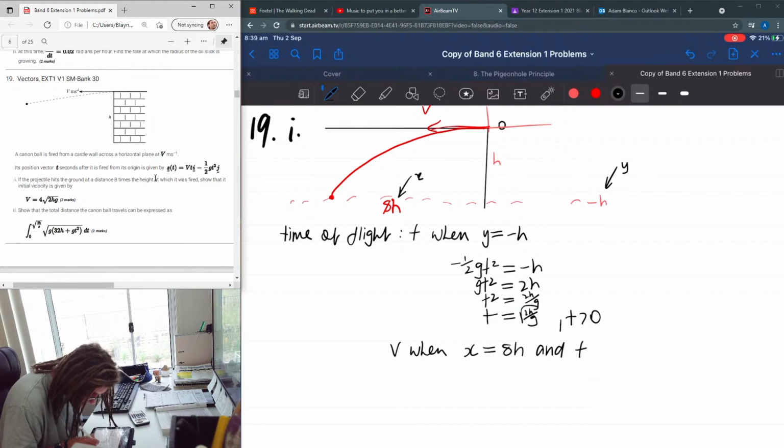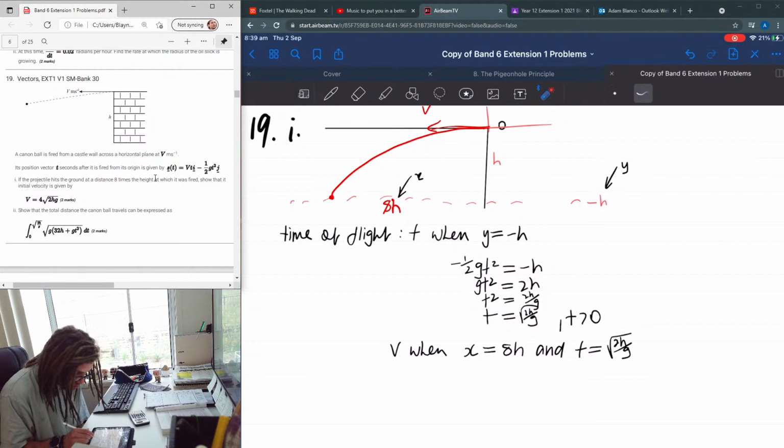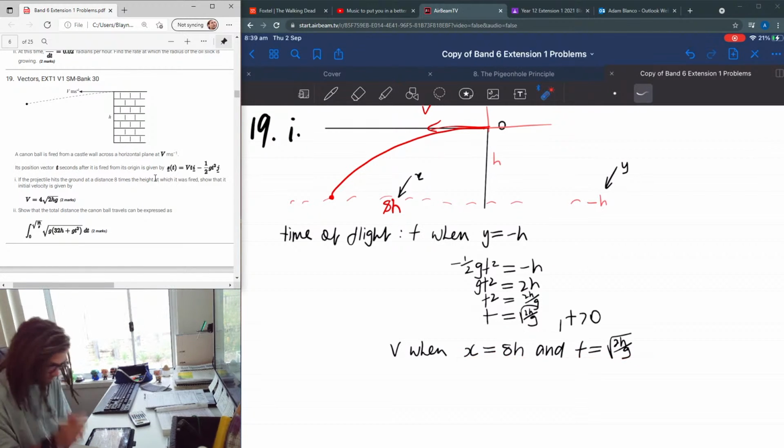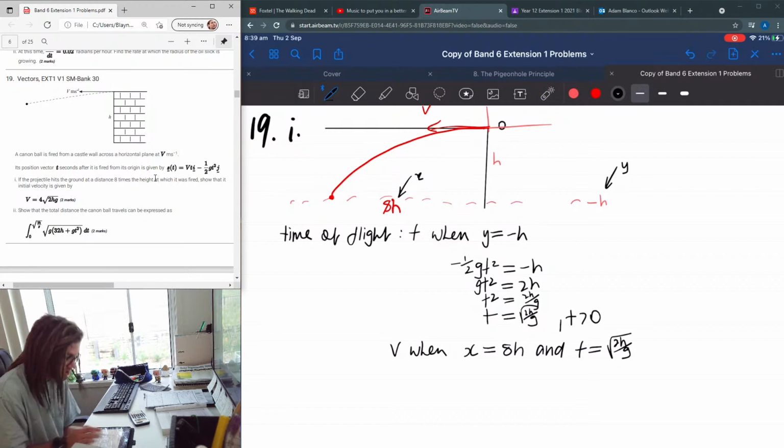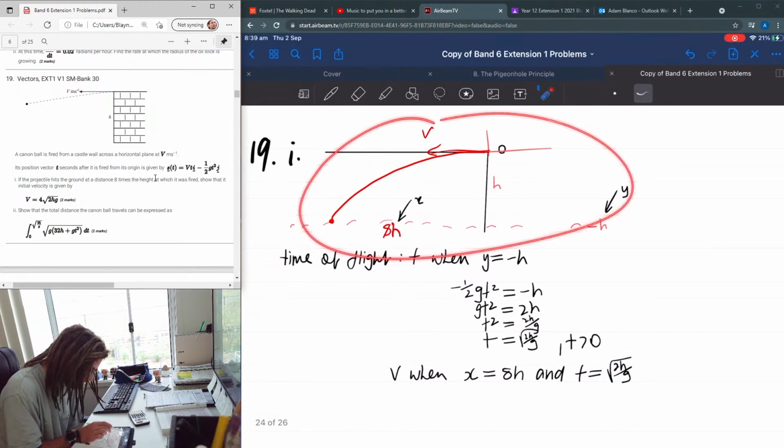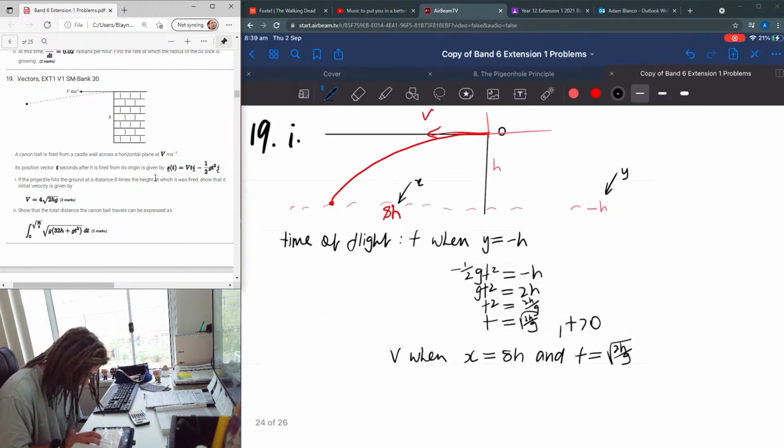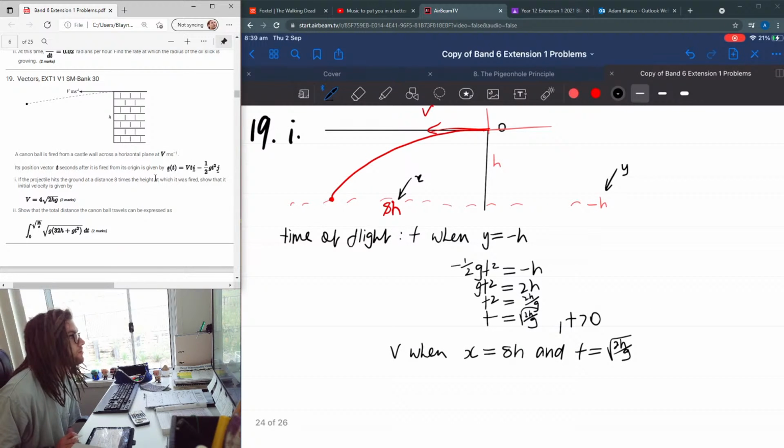This is where it hits the ground. Okay, I'm terrible at drawing diagrams. Anyway, let's leave that.